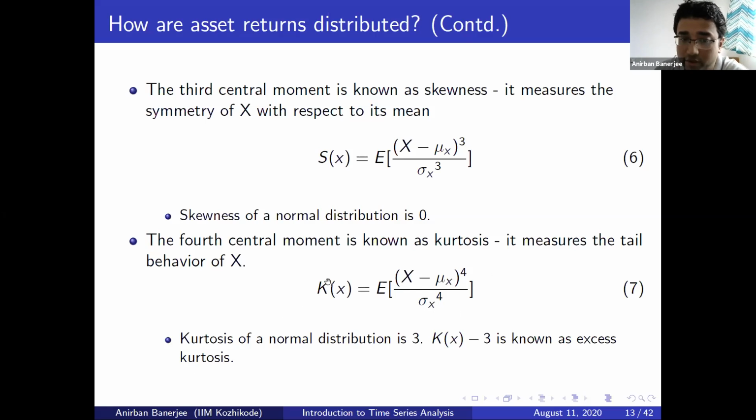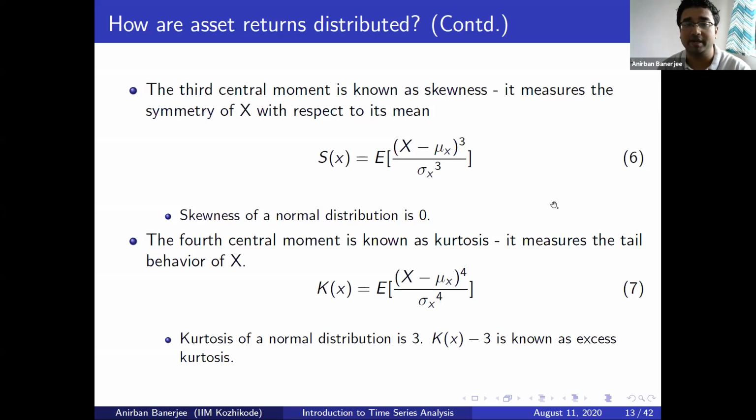Often, though we calculate the Kx parameter, we typically want the excess kurtosis. So Kx minus 3 is known as excess kurtosis. When we want to see if a series is normally distributed or not, we check if the excess kurtosis is 0 or not, or if Kx is 3 or not.